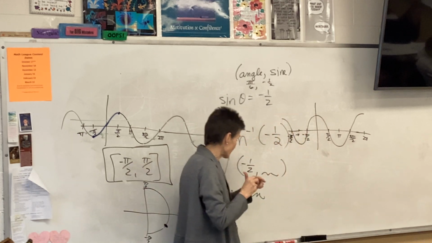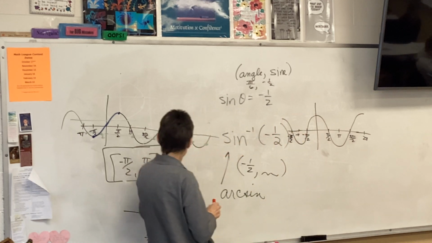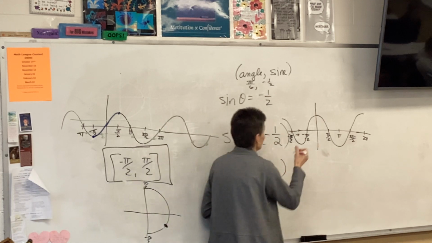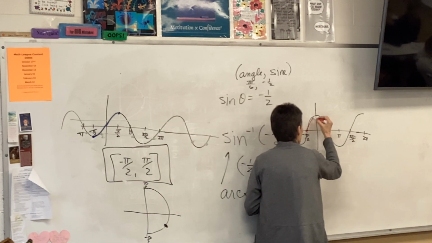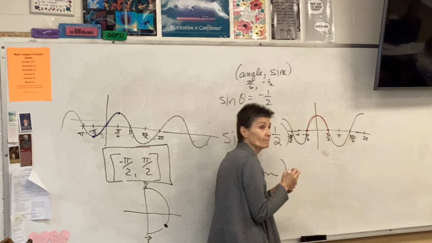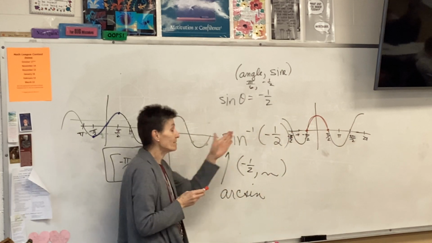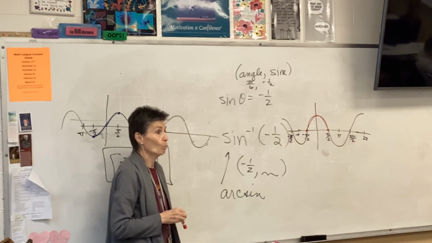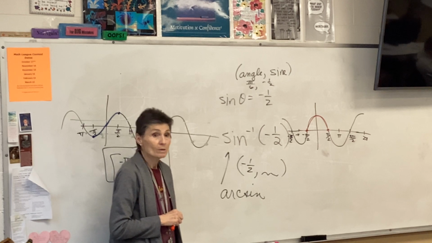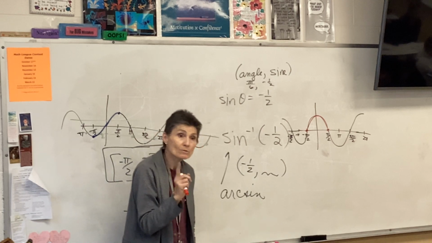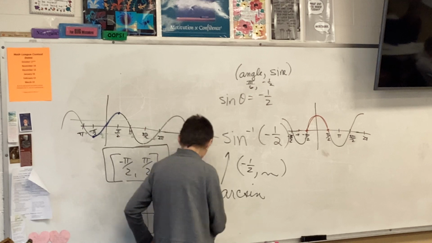If we use the same interval, -π/2 to π/2, that would be this chunk of the cosine curve. Is that red thing 1-to-1? No, so that won't work. Can't use that section for a cosine.